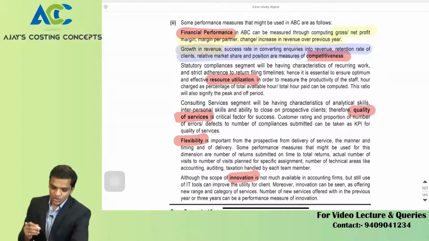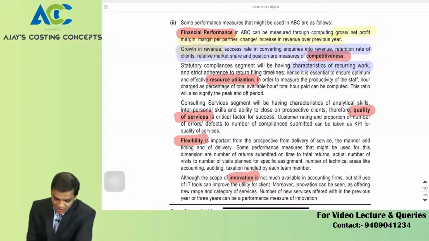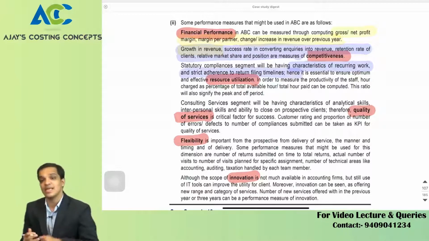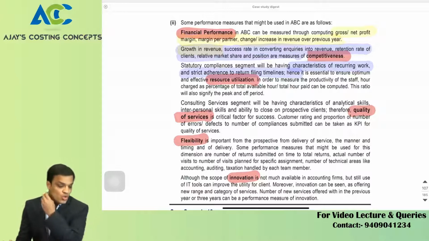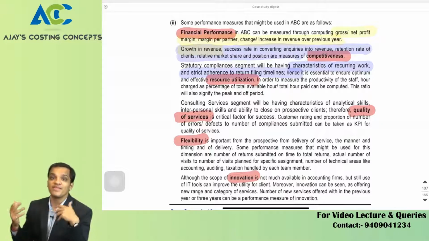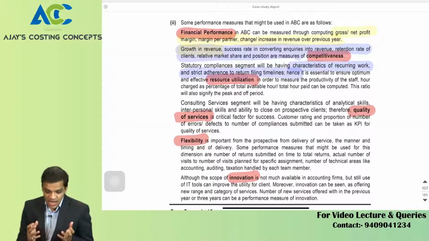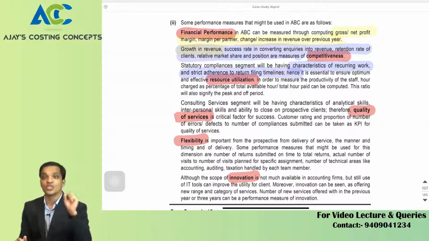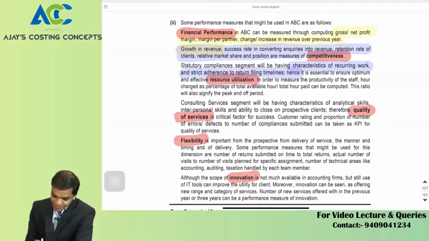Resource utilization means recurring work, the characteristics of the recurring work, strict adherence to return filing, and timeliness. Because when it comes to a chartered accountancy firm, the deadlines and compliance are of a monthly filing of returns for indirect taxes, GST or income tax returns. How compliant you are, how the resources are utilized, how efficiently and effectively you have been doing this, right?